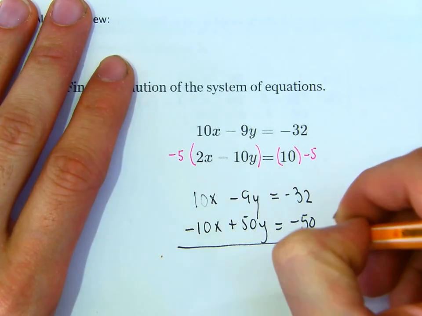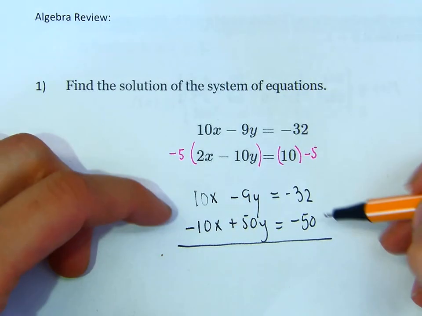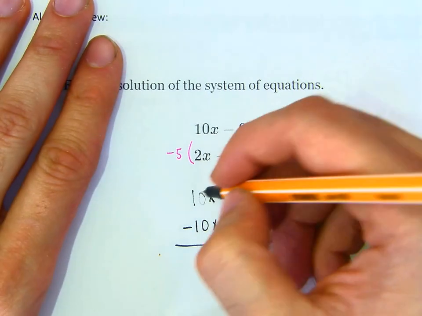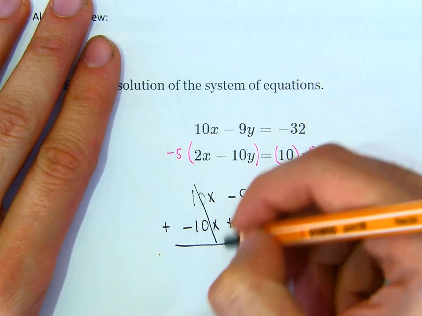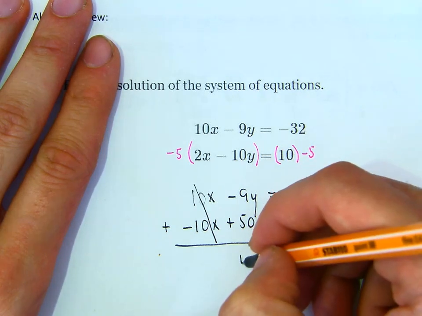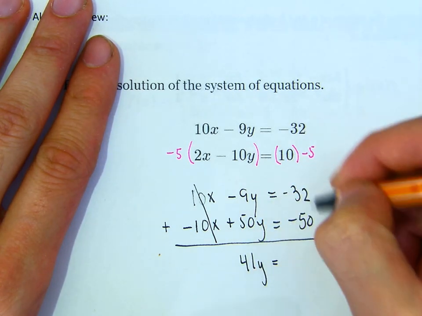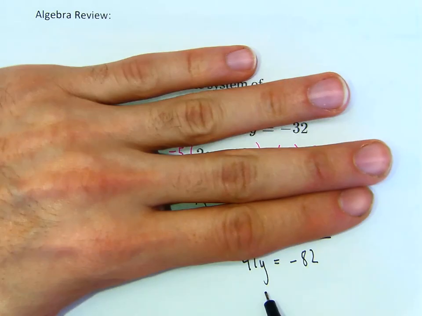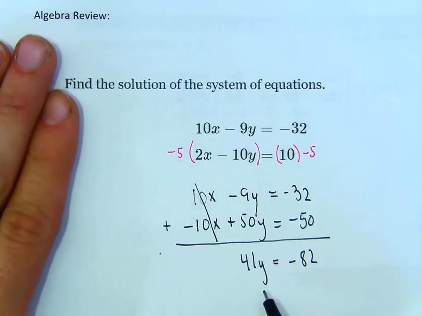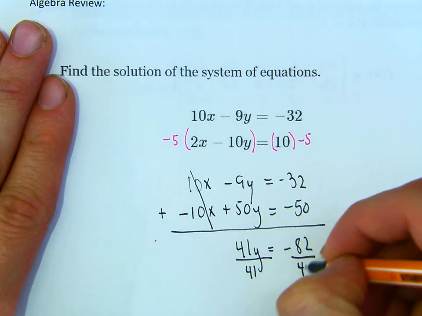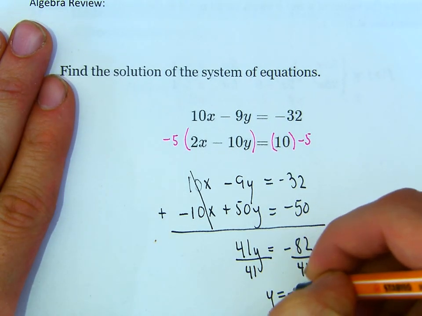Then notice when you add the equations, positive 10x and negative 10x cancel. When you add negative 9y plus 50y, you get 41y equals negative 82. Now you have an equation with just one variable by itself, so divide both sides by 41 and you get y equals negative 2.